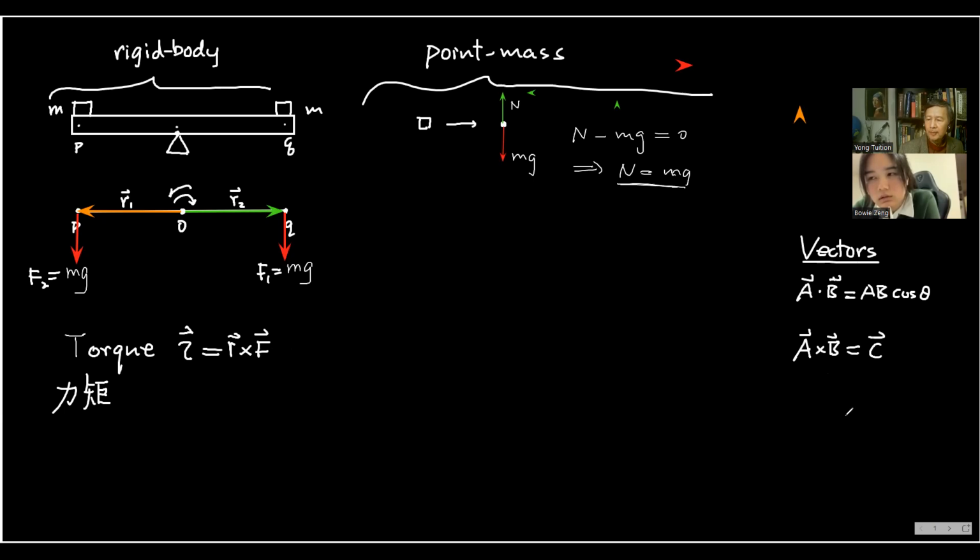Can you see? The amplitude of the other vector can be written with this formula. If you haven't studied that, it doesn't matter. It equals A, B multiplied by sine theta. So this is called the dot product, and this is called the cross product. Yeah, I've learned that.